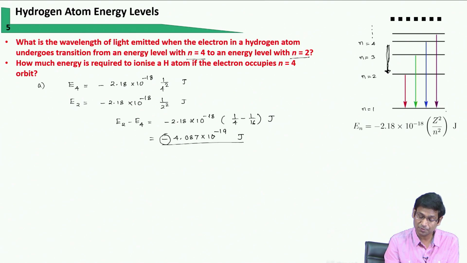So, now corresponding to this energy, what is the wavelength? We know energy E equals hc by lambda.